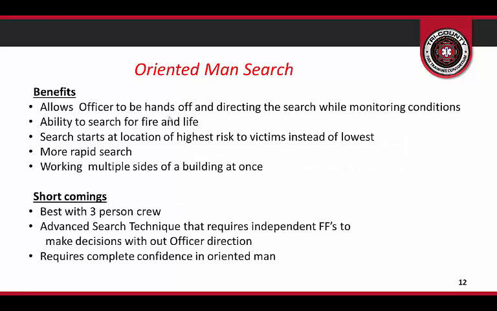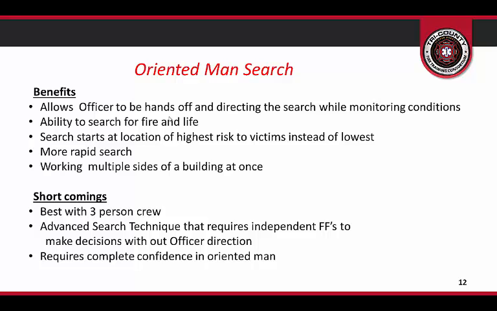So the oriented man search, which is the search that I advocate for anytime we have the manpower. Fire engineering has a great search video out, and same thing, they recommend this as the preferential search for a lot of reasons.